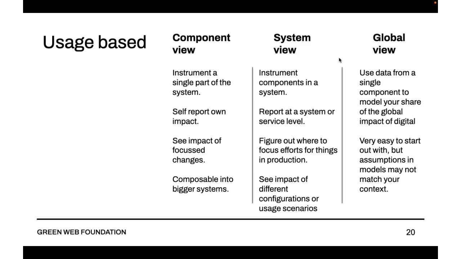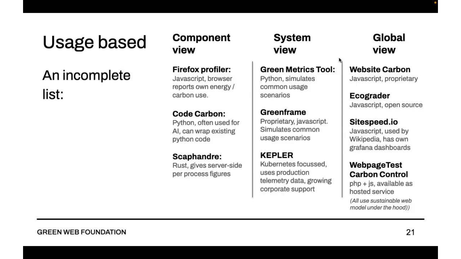So if you've used anything like Grafana or Sentry, there are now tools which share some of that. And then finally, the global view is what we'll probably look at first. These are some of the tools that you might play with. We're going to look at one or two of these. The ones I've shown here are kind of Pythonic or easy to start with, basically.